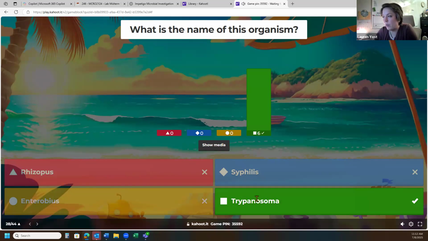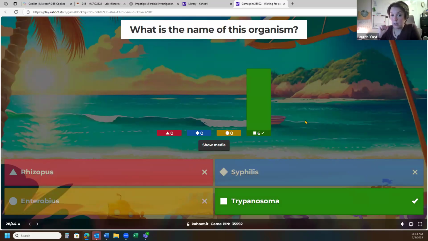It is the cause of African sleeping sickness if it's Trypanosoma gambiense, like what we saw in our slides in lab. There's another Trypanosoma, Trypanosoma cruzi, and Trypanosoma cruzi causes Chagas disease, which if you donate blood, you've probably heard about. It is a bloodborne disease that is caused by this protozoa.